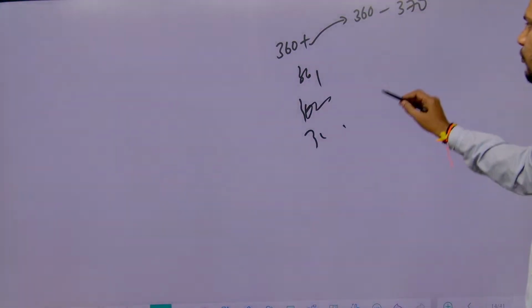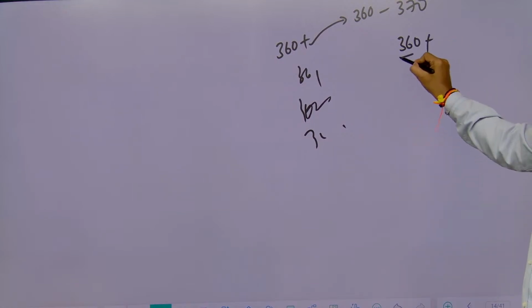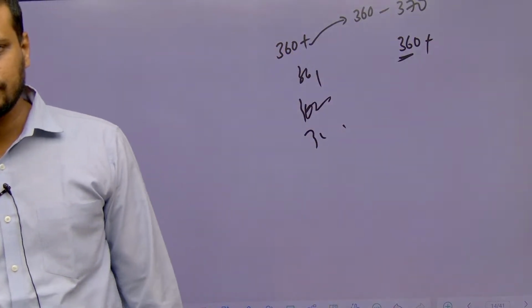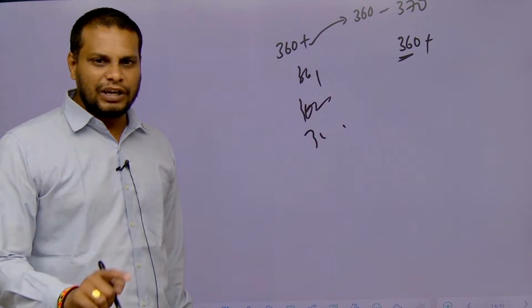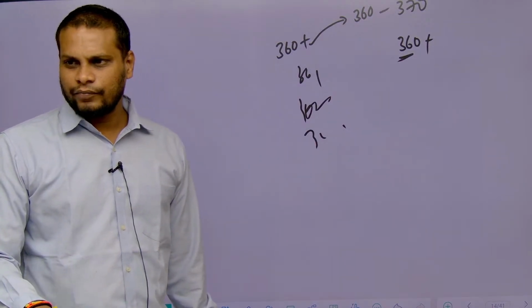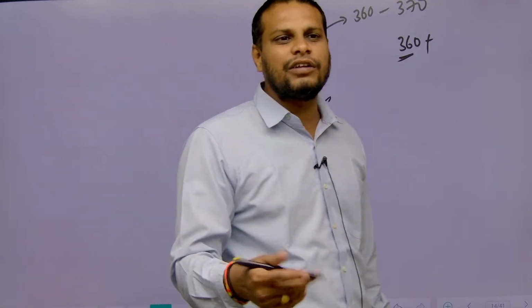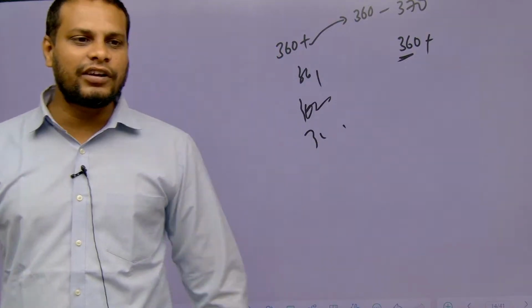Now please remember, in 360 plus, 36 are the 2 digits that we can blindly believe. The minimum is 360, right? In 360, only the last digit has the confusion. There is an ambiguity in the last digit.